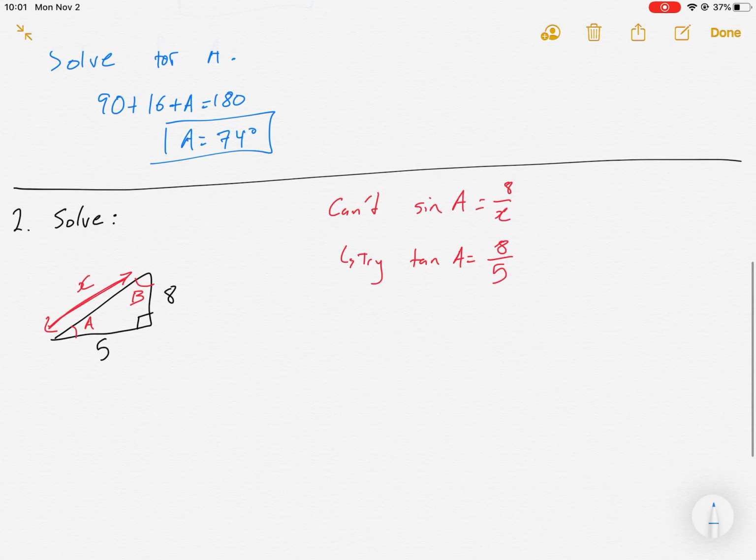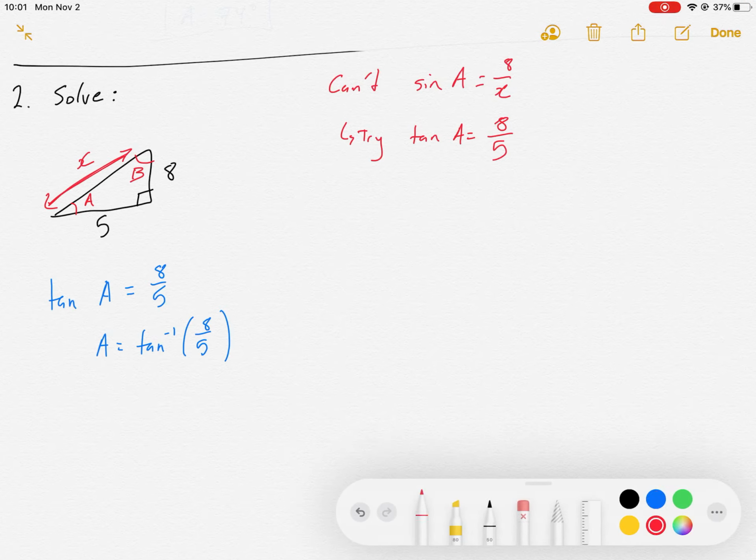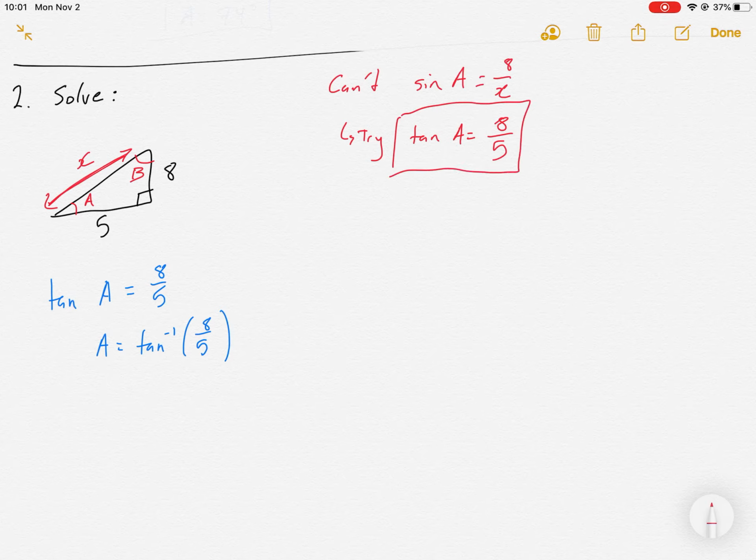However, to solve this, we're going to need to use some stuff that was just covered yesterday. And we're going to need to do tangent inverse of 8 over 5. So I was just kind of playing around to see what formulas I could come up with. And we came up with this one, which doesn't help us find X, but it does help us find the angle, which is nice.